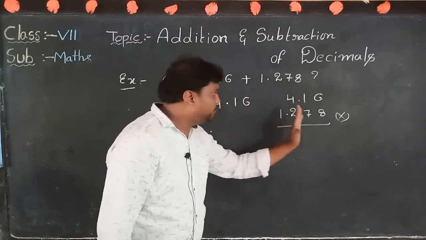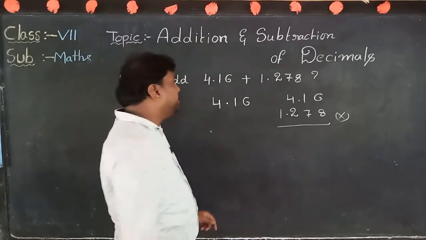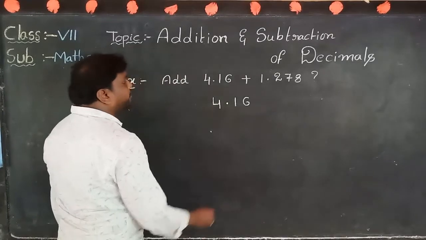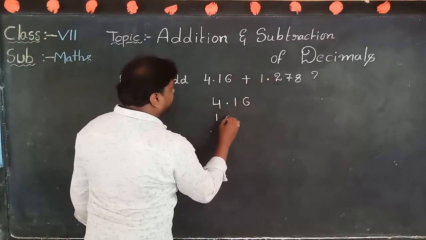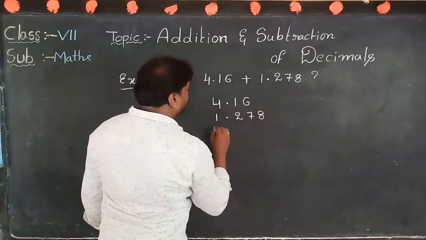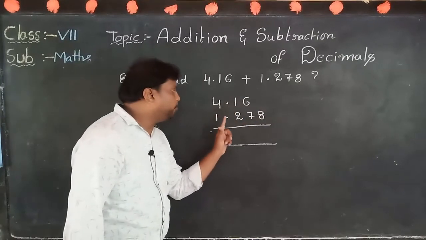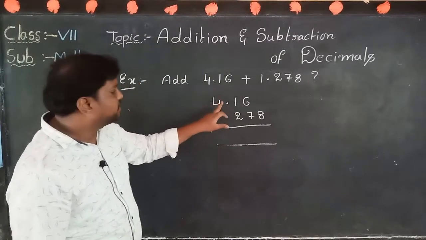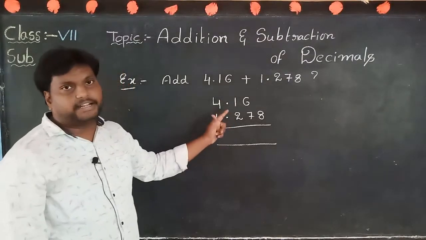We have to write 4.16 and 1.278 so that the decimal points exactly coincide, looking straight. This is the correct way.